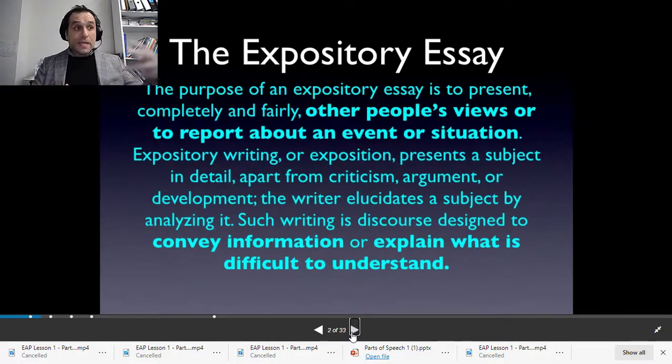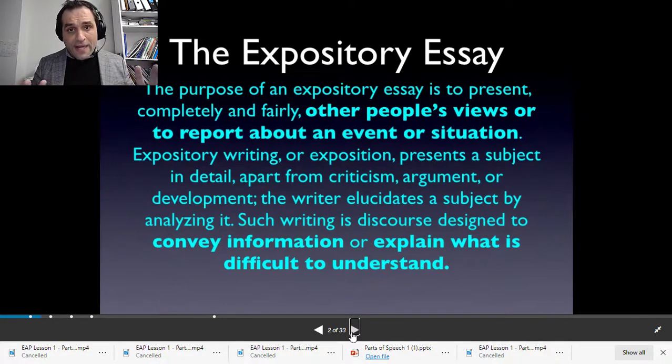You can use he or she or they, but never use I or you. Because if you use I or you, that means you are emotionally connected to the topic, and that's what you want to avoid.